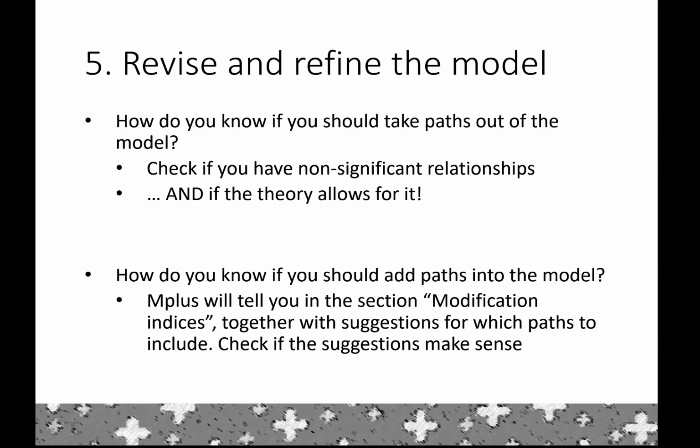However, you have to be very careful because MPlus might give you suggestions for things that do not make sense, like for example a regression path from something that occurs in the future towards something that occurred in the past. Also, the modification indices only give you suggestions for paths between variables that you have already included in the model. So it will not give suggestions with regard to adding new variables into your model.